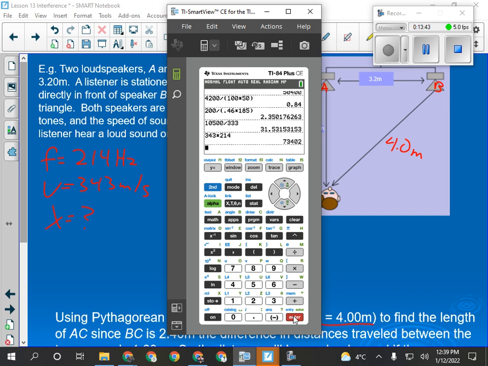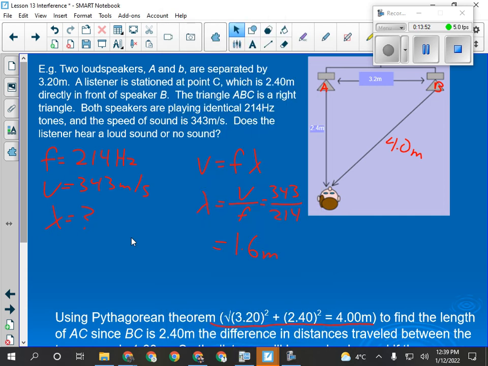Not times, divided. Okay, 1.6. All right, so now I know the wavelength is 1.60 whatever meters, and I would keep all those decimals in my calculator. So each wave is 1.6 meters.